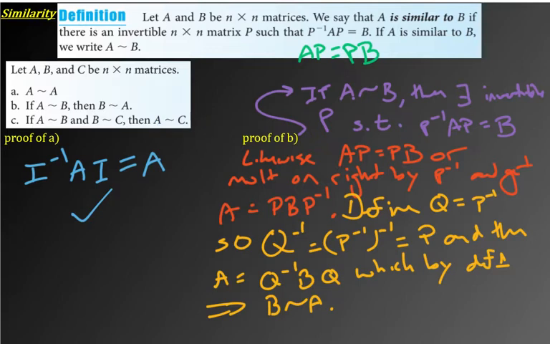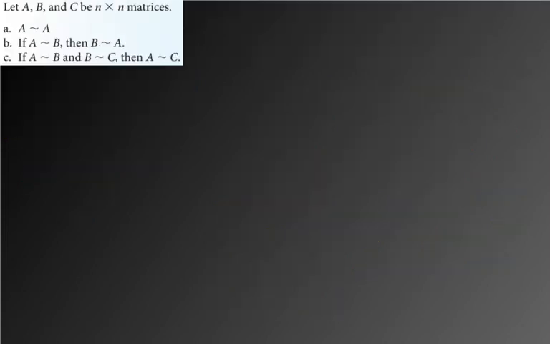And then this last one is saying if A is similar to B and B is similar to C, then you should have A is similar to C. This is that transitivity property in math, and I want to prove that one too. All right, so this is all the stuff I have to work with in the beginning.